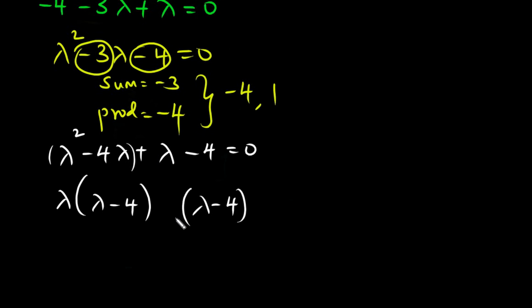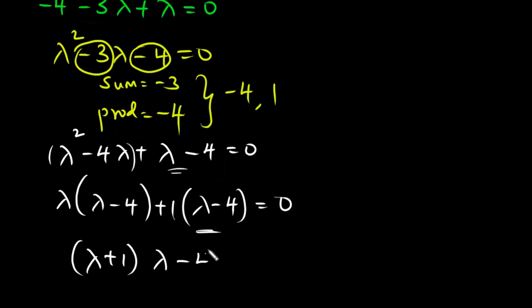The value that we put here to multiply this bracket with, so that we get this, is going to be +1. So we're going to group them as (lambda +1)(lambda -4) is equal to 0.